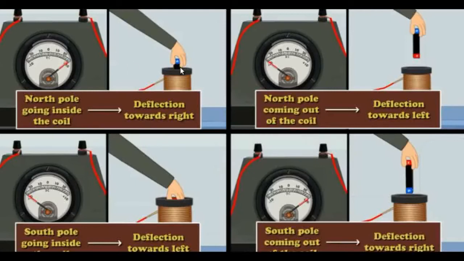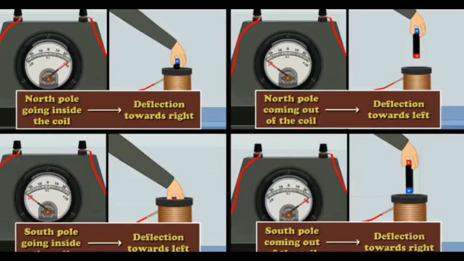So it is very clear that when the bar magnet is being inserted or being taken away, there is a deflection in the coil, and the deflection reverses when the magnetic pole of the bar magnet is reversed, and there is no deflection in the galvanometer when the bar magnet is stationary inside the coil.